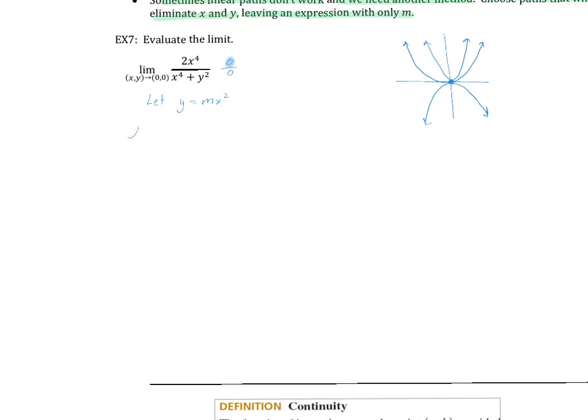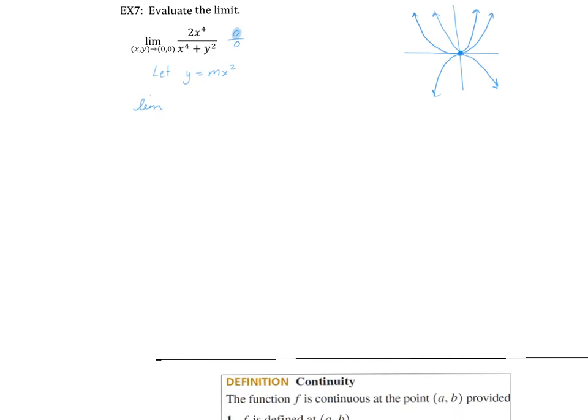I also note that when I reevaluate this limit and replace my y value with mx squared, that means I only have x's left. I have 2x squared in the numerator, x to the fourth, plus m squared x to the fourth.